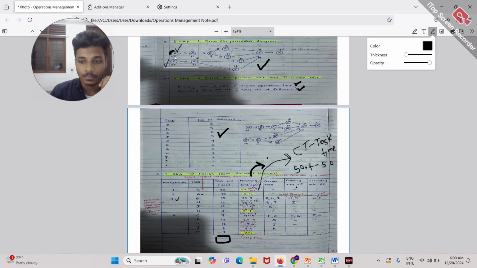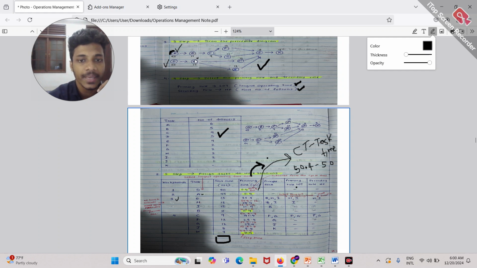Look at this. A and D we already allocated. I'll put it right here, small, right down, right?